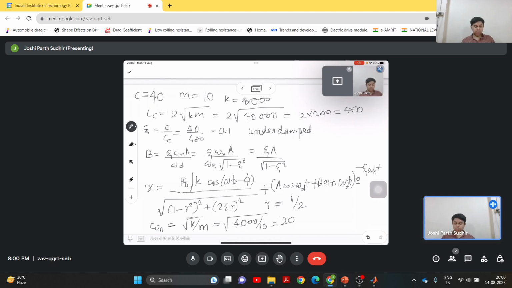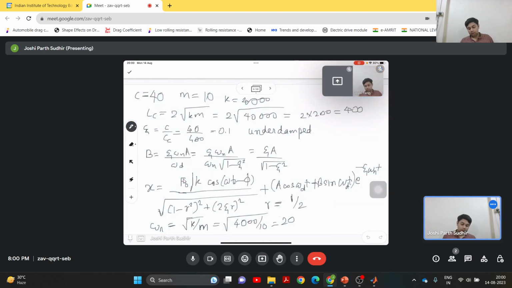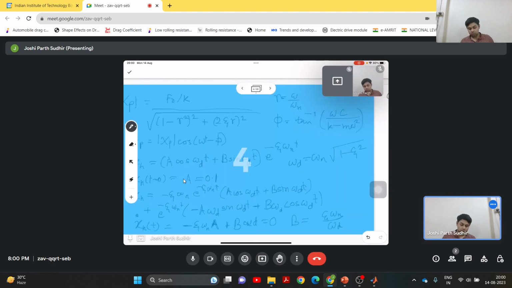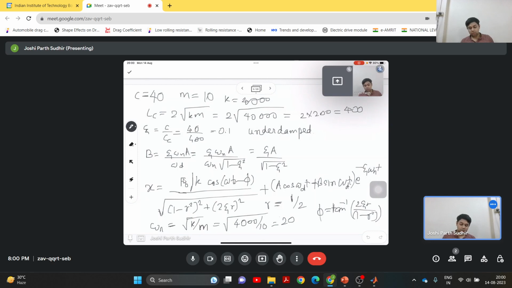So we can substitute the value of zeta and r, and using the values of zeta and r, we can calculate the phase difference phi from this.